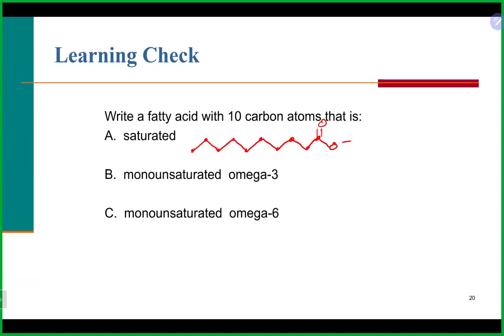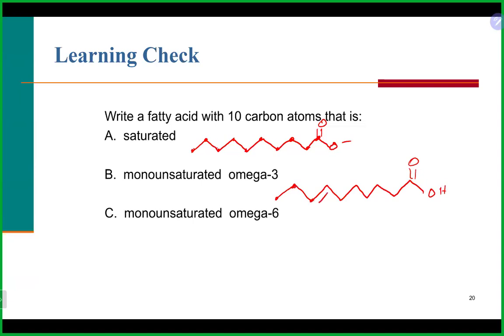If we had a monounsaturated, which mono obviously means just one double bond, and it's omega-3, we would borrow our same structure here: 1, 2, 3, 4, 5, 6, 7, 8, 9, and 10. And you can even put the H if you want on that one. So 3 would be 1, 2, and 3.